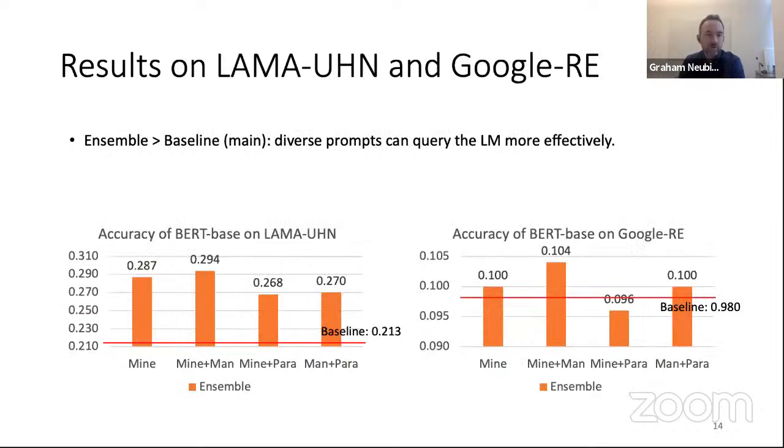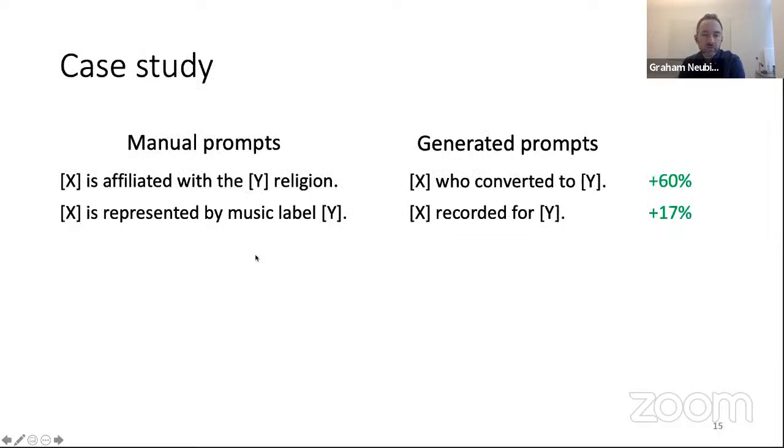We also did similar experiments on the Google RE dataset and the LAMA hard dataset, and we found the results were similar. But maybe more interestingly, these are the case studies where the generated prompts did quite a bit better. So we have the manual prompt about religious affiliation of a particular person.